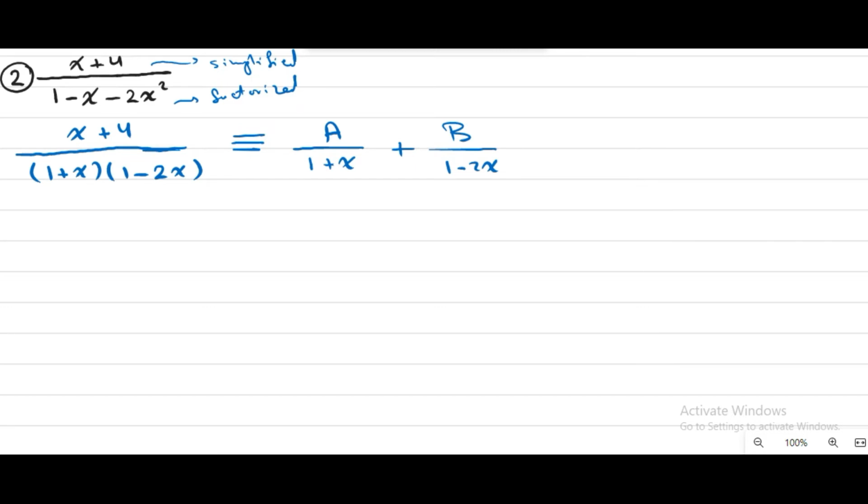It's linear, so we can use the cover-up method to find A. First, this factor equals 0 when x equals negative 1. So A equals, the denominator of A being linear, and we cover this denominator, which is 1 + x, from this expression.